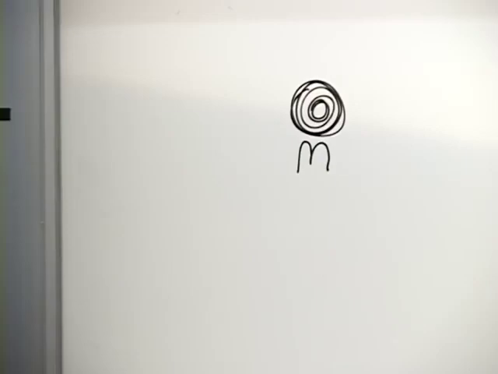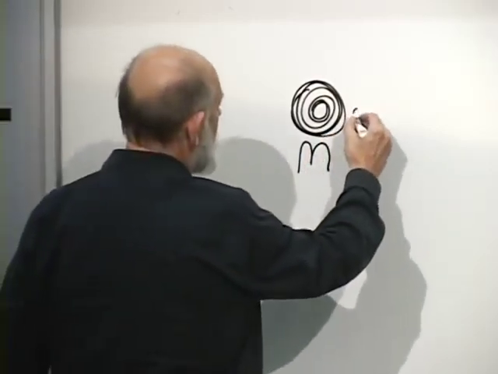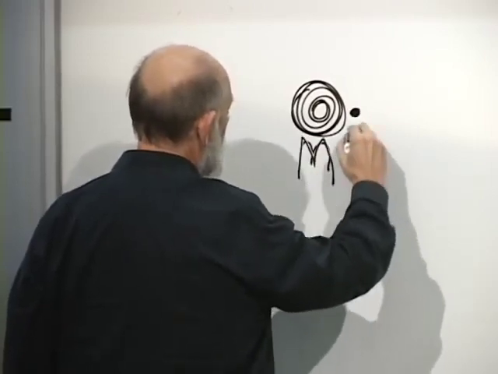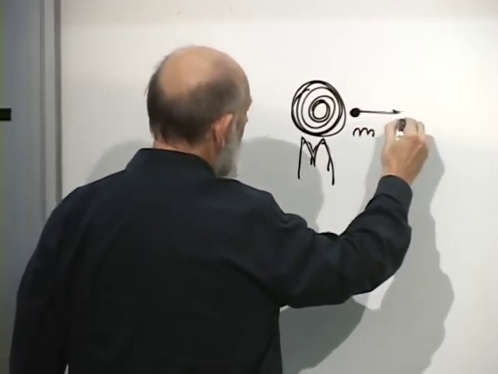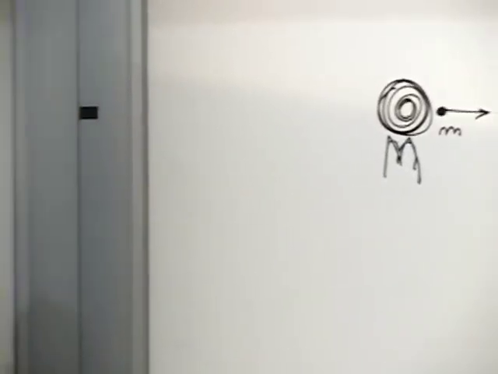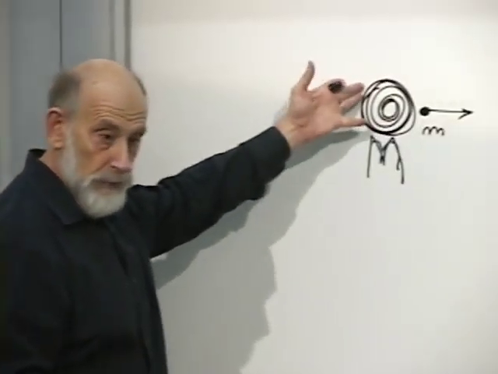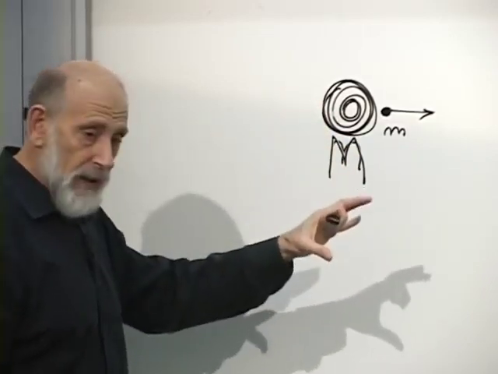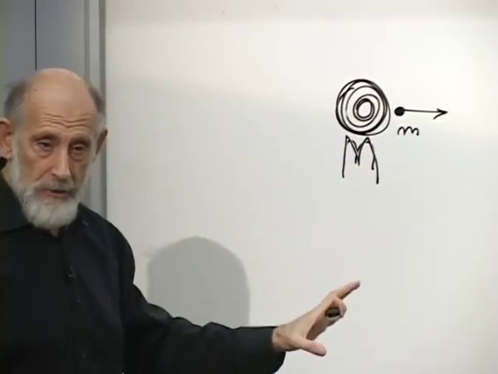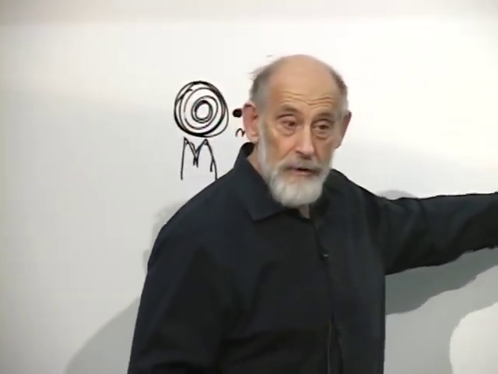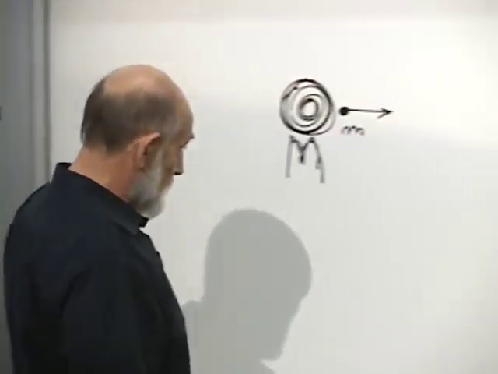And imagine a second mass, small m, which has been ejected by force, by some initial impulse, away from the gravitating Earth, for example, or star, or whatever it happens to be. It's been ejected away by an initial thrust, but then just simply allowed to ride the gravitational field and do whatever Newton says it should do.